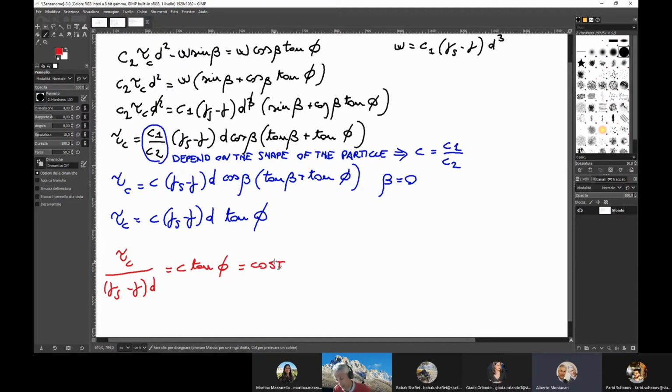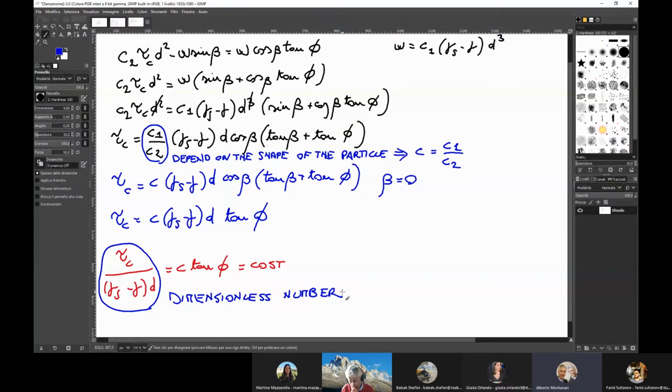And look, this number here is a dimensionless number.